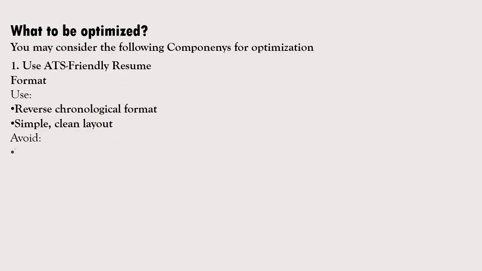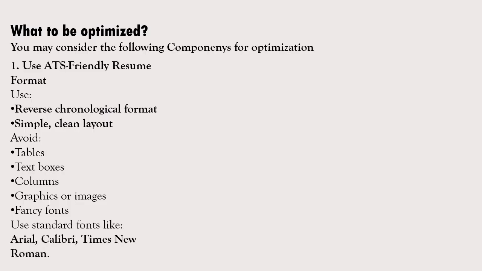What we can avoid is tables, text boxes, columns, graphics or images, and fancy fonts. Instead of fancy fonts, we can use standard formats like Arial, Calibri, and Times New Roman. So we can use different kinds of ATS friendly resume formats, and then we can use the relevant keywords.